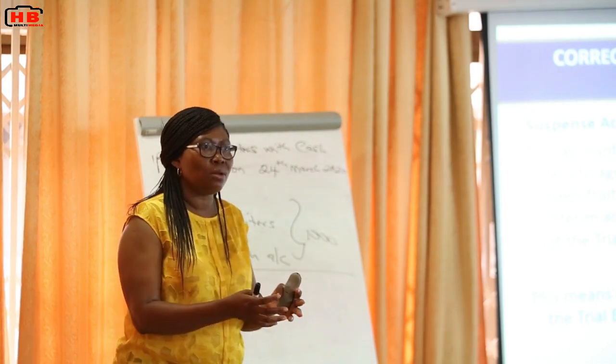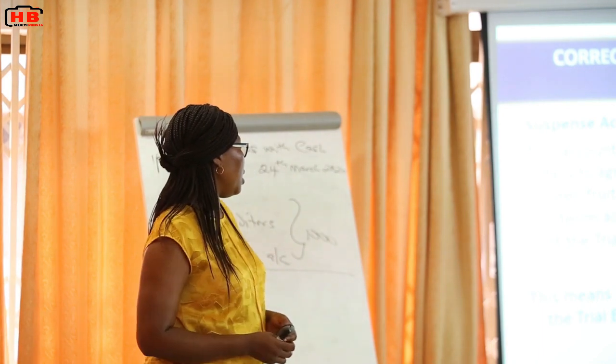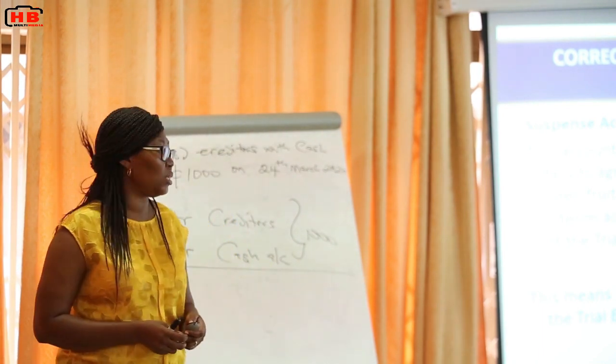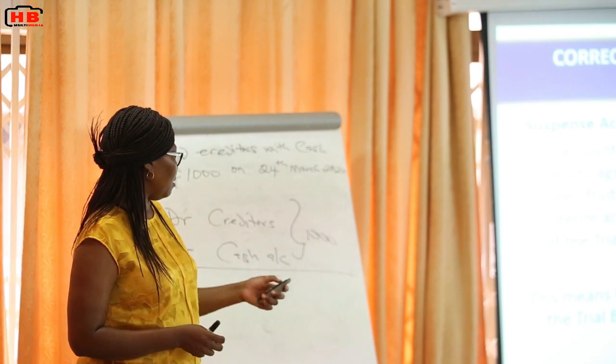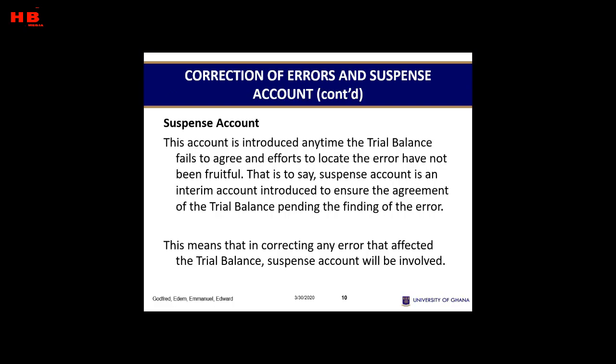That team will take up the figure and look for areas where the challenge or disagreement occurred. And that is the suspense account. So in correcting any error that affects the trial balance, the suspense account would be involved.